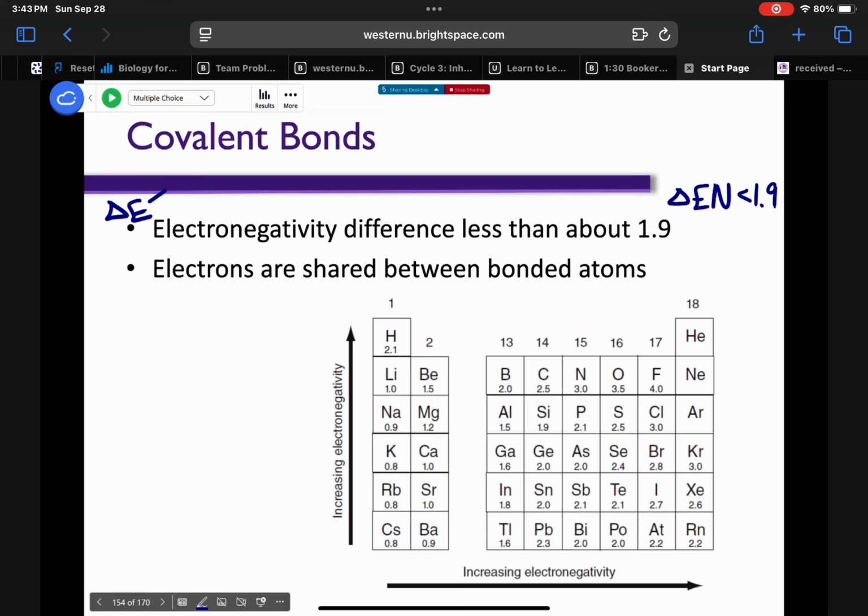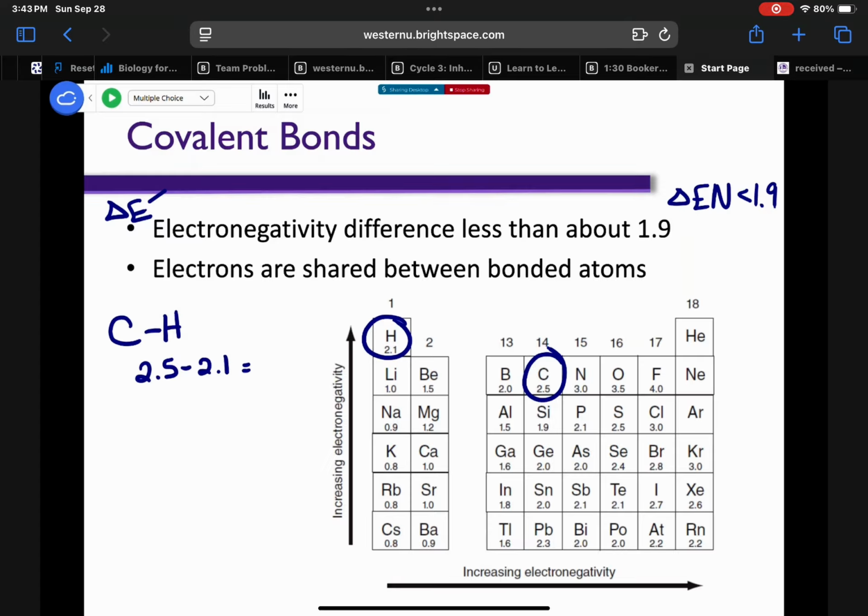If we look at the electronegativity values of carbon, 2.5, and that of hydrogen, 2.1, we can see the electronegativity difference is 0.4, which is certainly less than 1.9. If we look at a bond between fluorine and fluorine, well, they're both very electronegative, but the difference between them is 0, which is certainly less than 1.9.